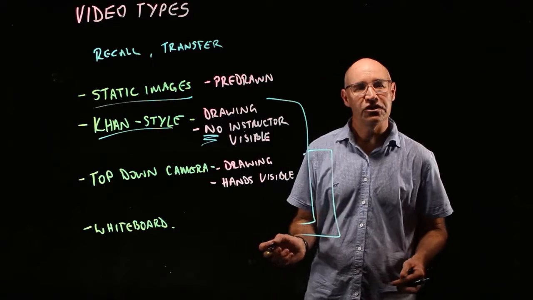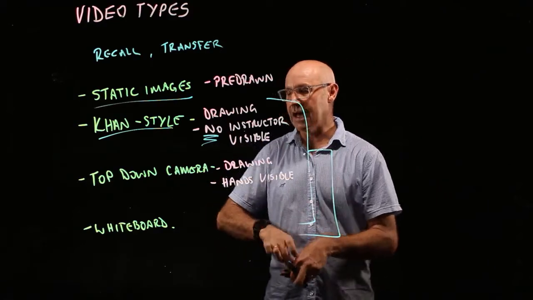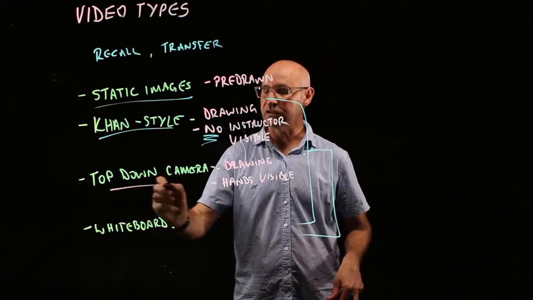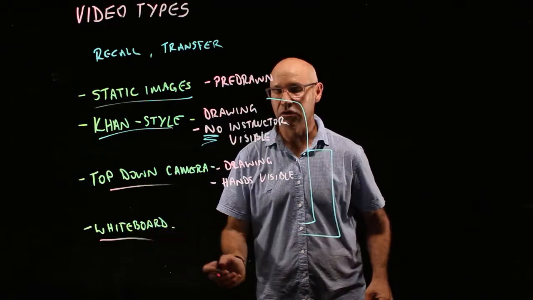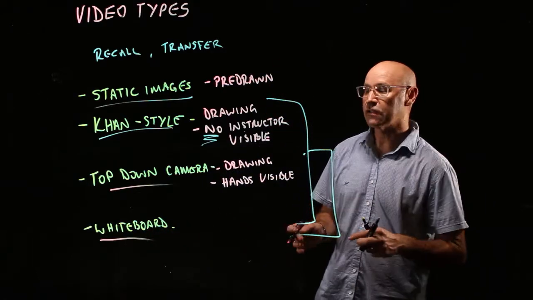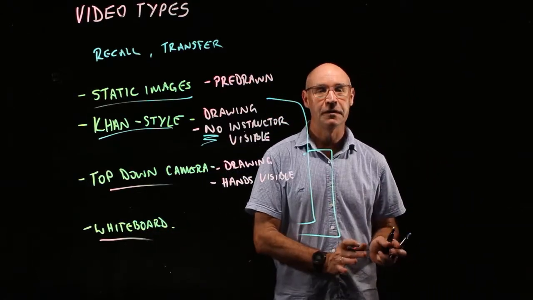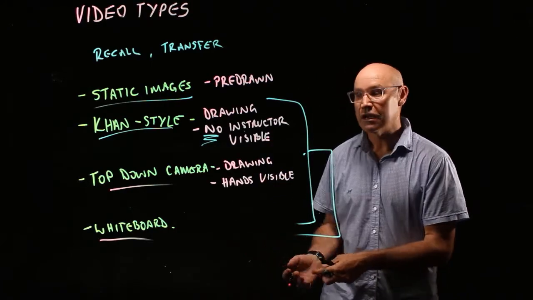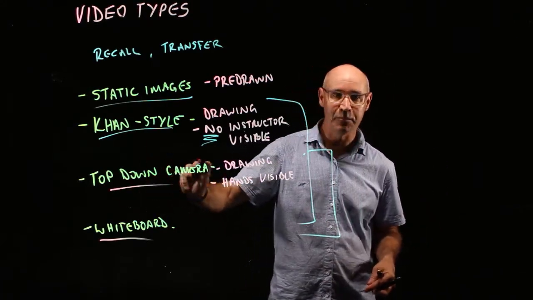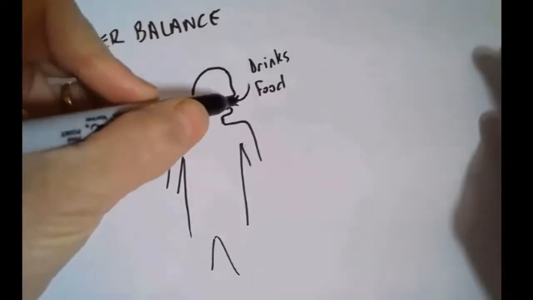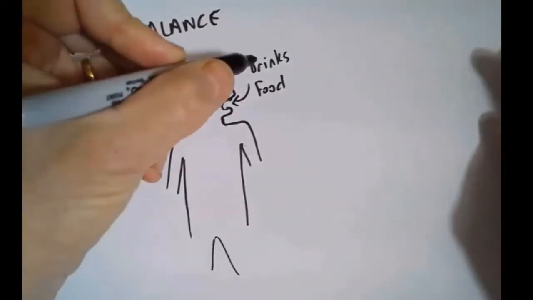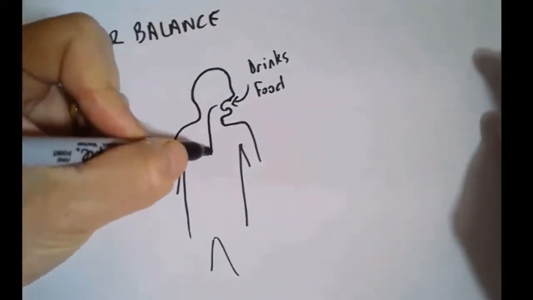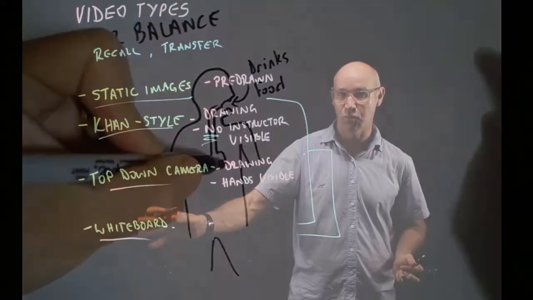So the last question was, which one was most effective out of just seeing the instructor's hands and seeing the whole of the instructor's body? It turned out that in this particular study, under laboratory conditions, the top-down camera, where it's just the instructor's hand, was more effective for understanding than observing the instructor at the whiteboard.